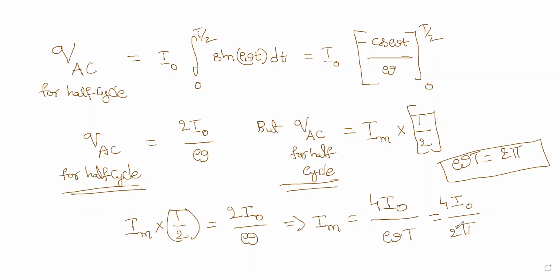The 2 gets cancelled. So 2 I naught by pi is what you are going to get. Okay. 2 I naught by pi. Please note it up to here. Please let me know.